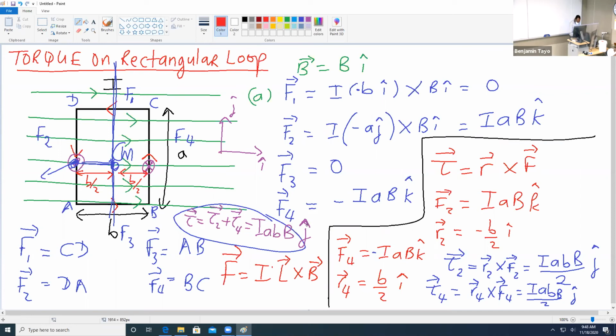And so this is the magnitude of the torque, and the J hat gives me the axis of rotation.